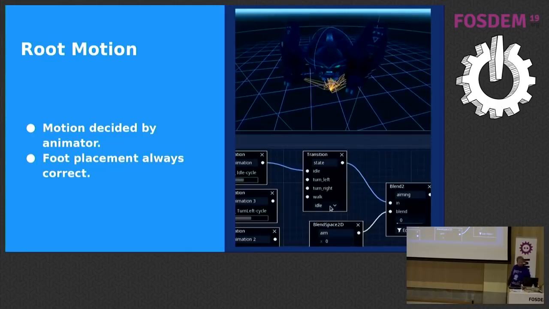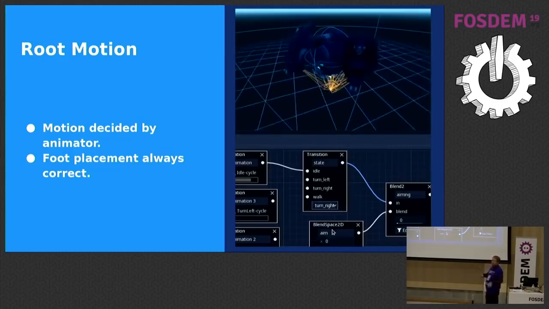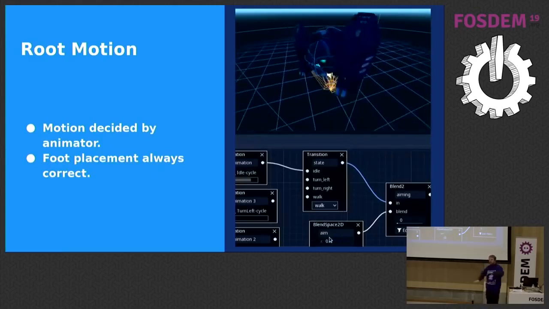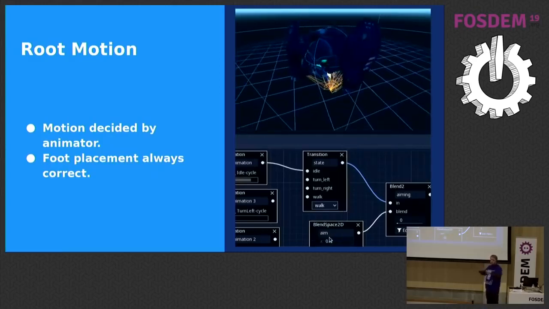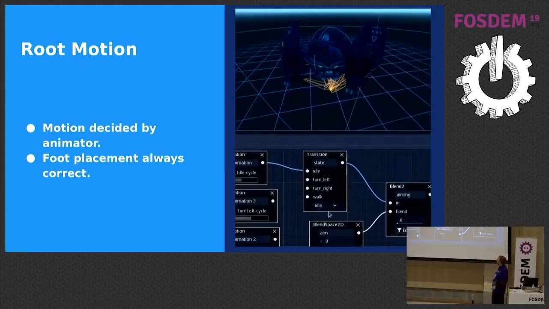We use root motion. Root motion is a technique where the animator animates with actual motion. For example, originally in games, you would animate a walk cycle, but it was in place. So when you put it in a game, the foot will slide. That was very common. I think Assassin's Creed was the first game that actually did root motion properly.